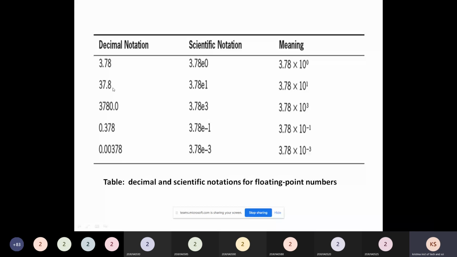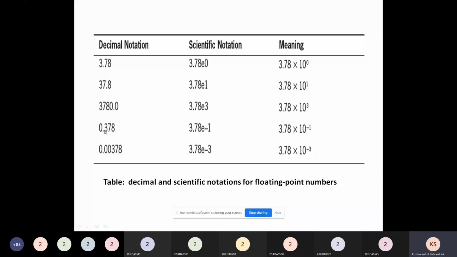See this decimal notation 3780.0. How can you write it in scientific notation? 3.78 e to the power of 3, because we moved 3 decimal places, so the exponent is 3, 10 to the power of 3. Now 0.378: how can you write 3.78?